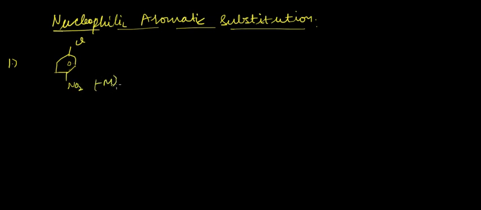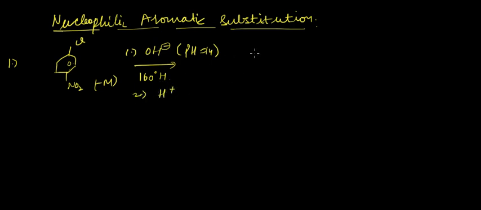NO2 group is obviously a minus M group, and first we are reacting it with OH minus, whose pH is actually 14. Okay, and at 160 degrees Celsius, and then second we'll be treating it with acidic medium. So what we find out is we get something like this with the NO2 group attached.